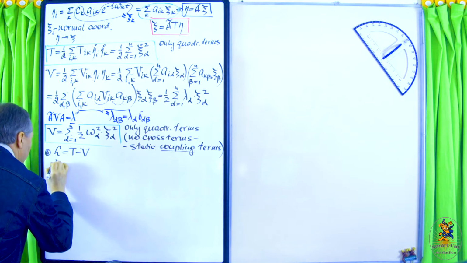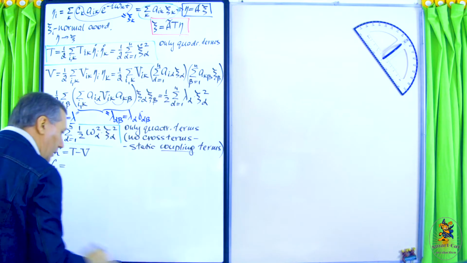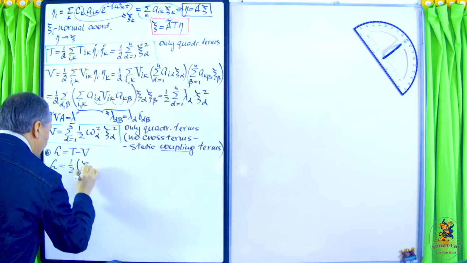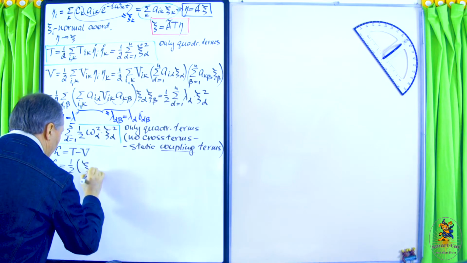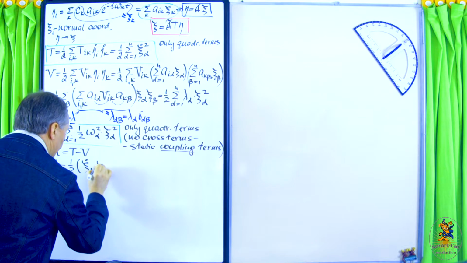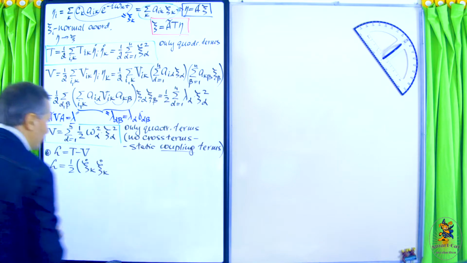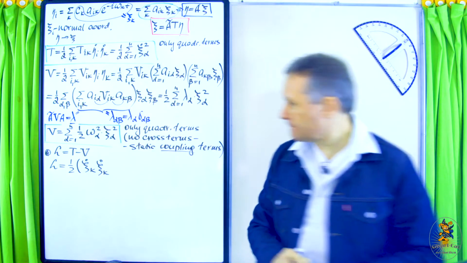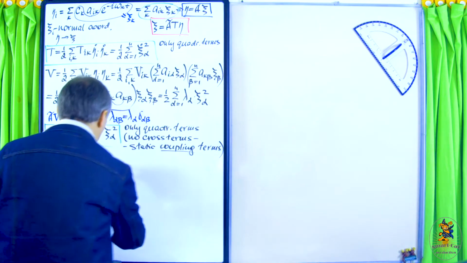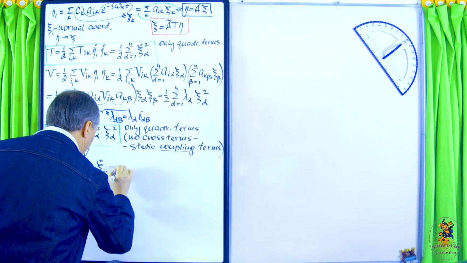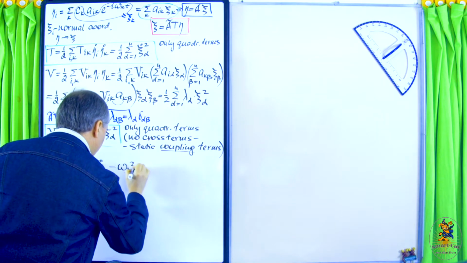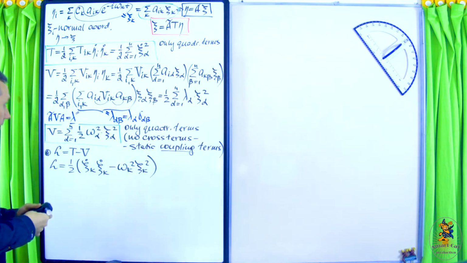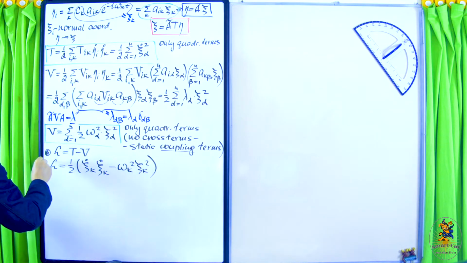So the Lagrangian can be written as, of course, I will drop the summation, so it will be xi k dot squared, for whatever reasons I use the k subscript, minus omega k squared xi k squared. So that's the Lagrangian.